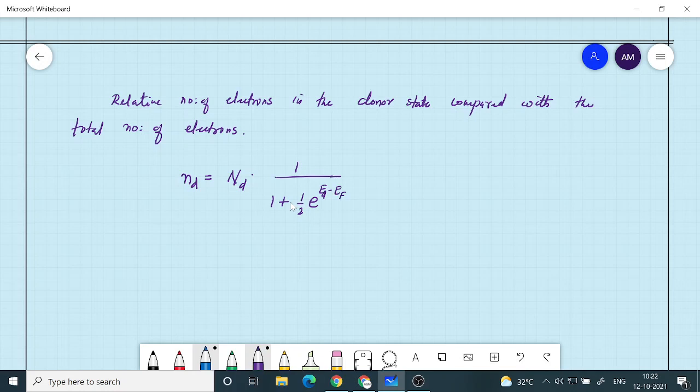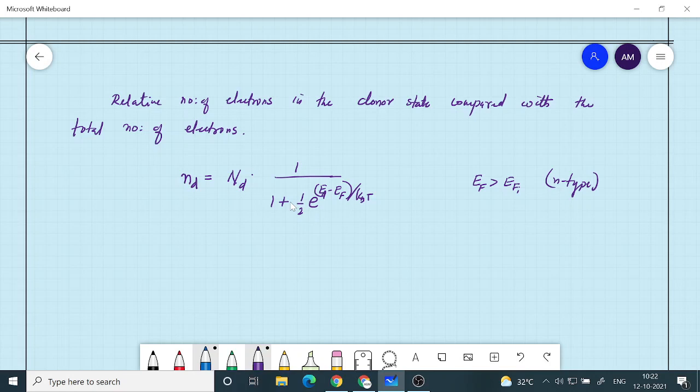Ef is basically the Fermi level of the n-type material. I am assuming Ef is above Efi, because for n-type, Ef is above Efi as I told you earlier. So this is the number in the donor impurity level.